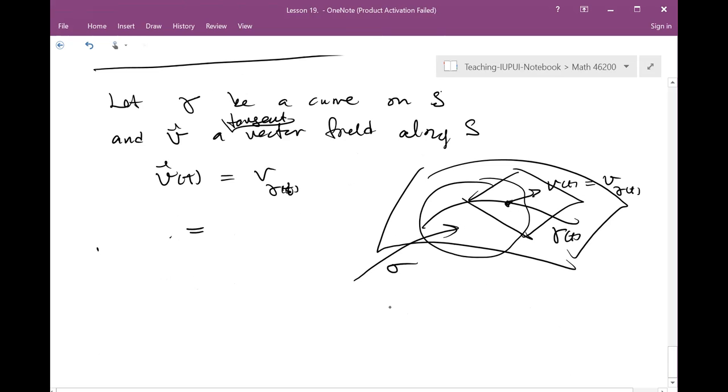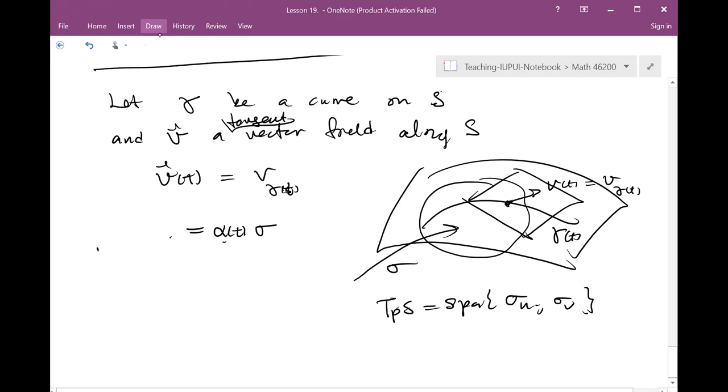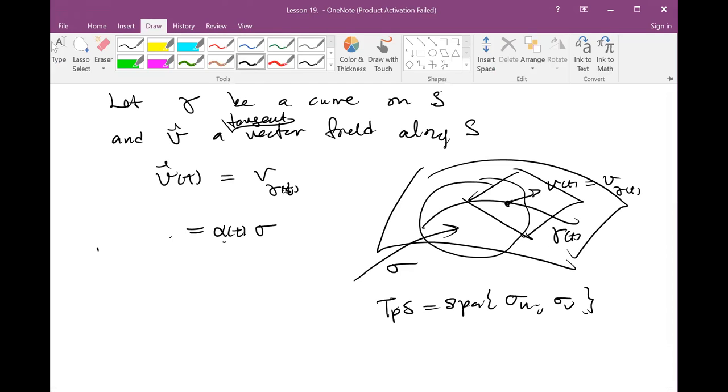At every point, the tangent plane is spanned by sigma u and sigma v, right? So that's why you can always express it as a linear combination of those two vectors.